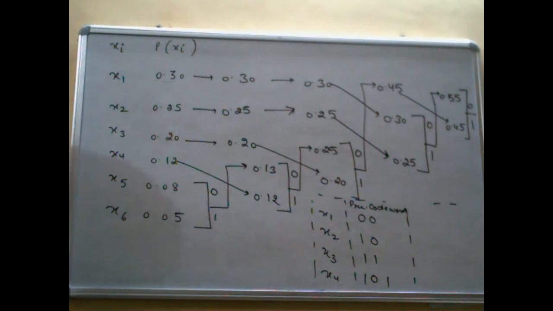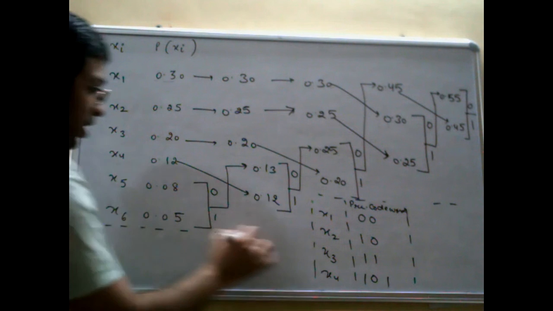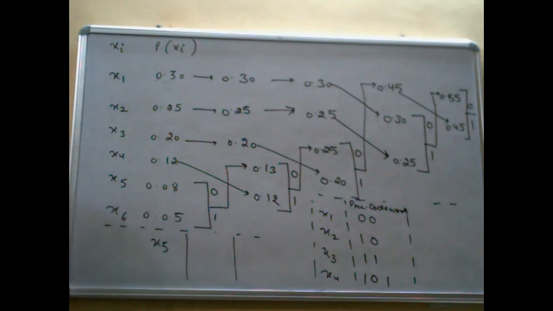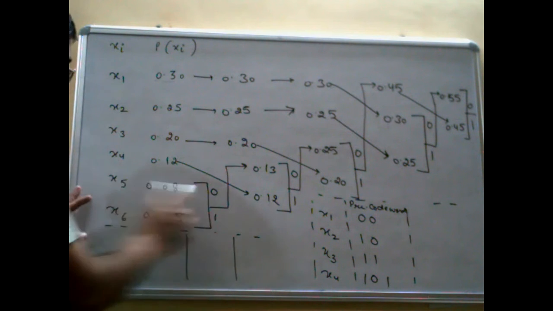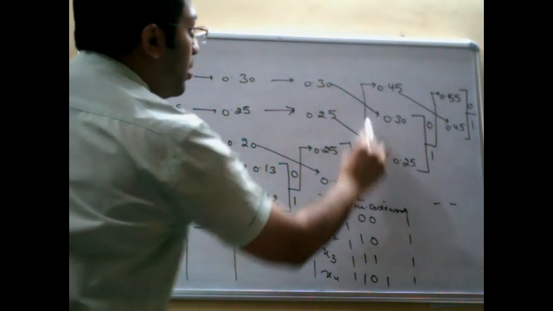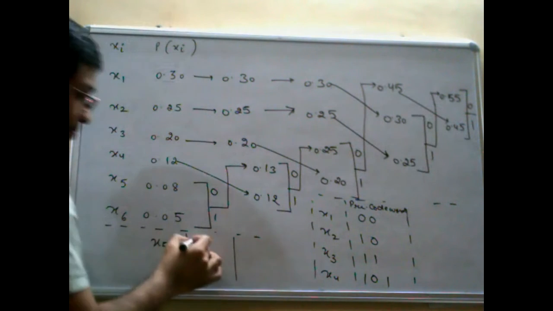Okay. For x5, I am writing over here. For x5, it will be 0, 0, 0, and 1.